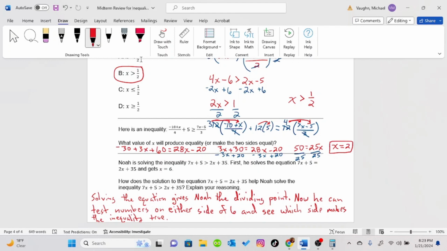So tomorrow, you need to bring your computers to school. You will spend class time working on the exercises from Khan Academy so you can get more practice with both equations and inequalities before the midterm test on Thursday.